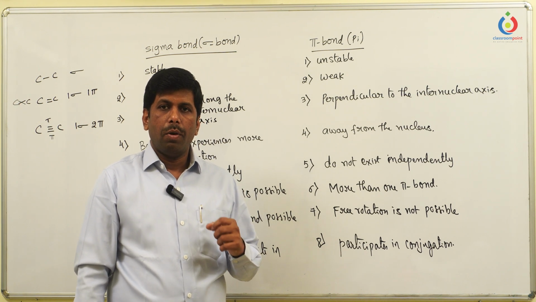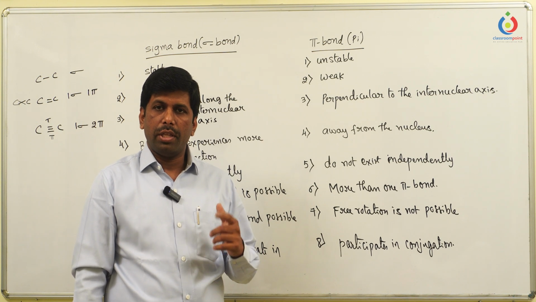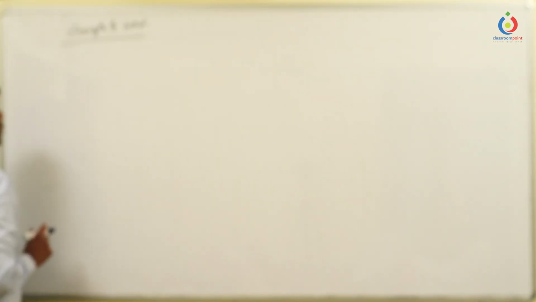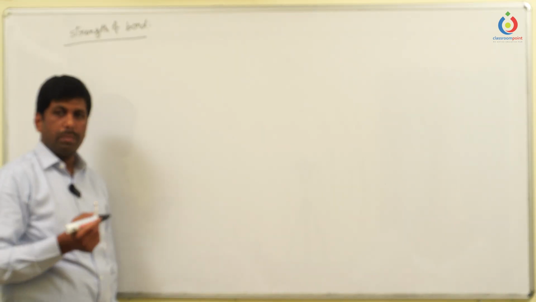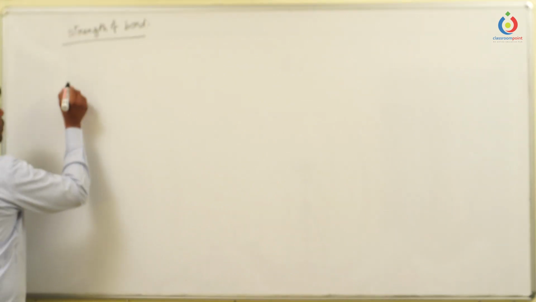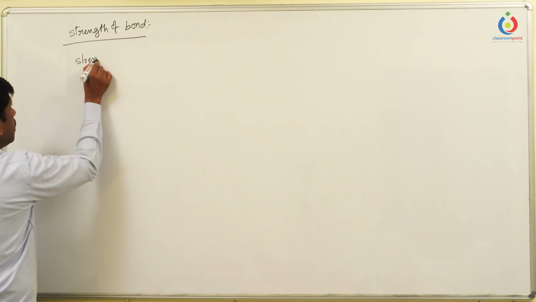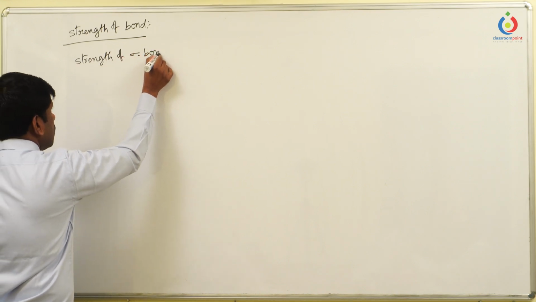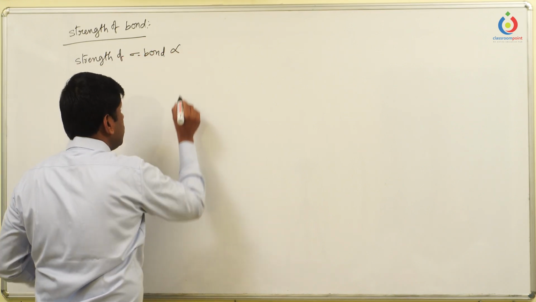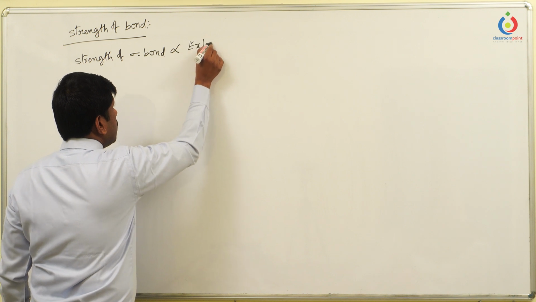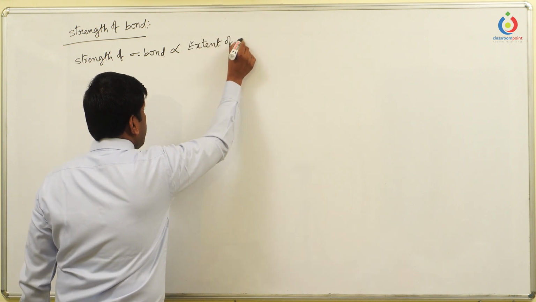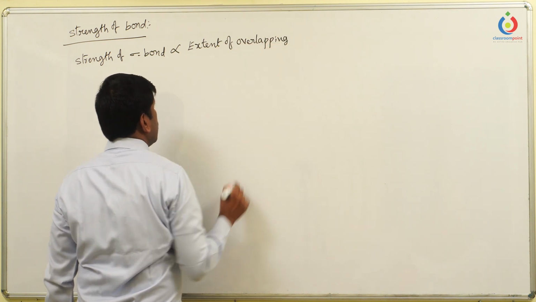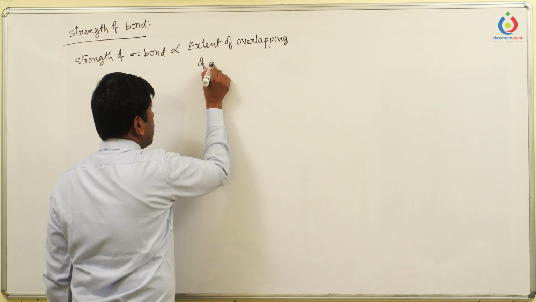Now let us see what are the factors that influence the strength of a bond. So let us see how the overlapping is influencing the strength of a particular sigma bond. So here, strength of sigma bond is directly proportional to the extent of overlapping of atomic orbitals.